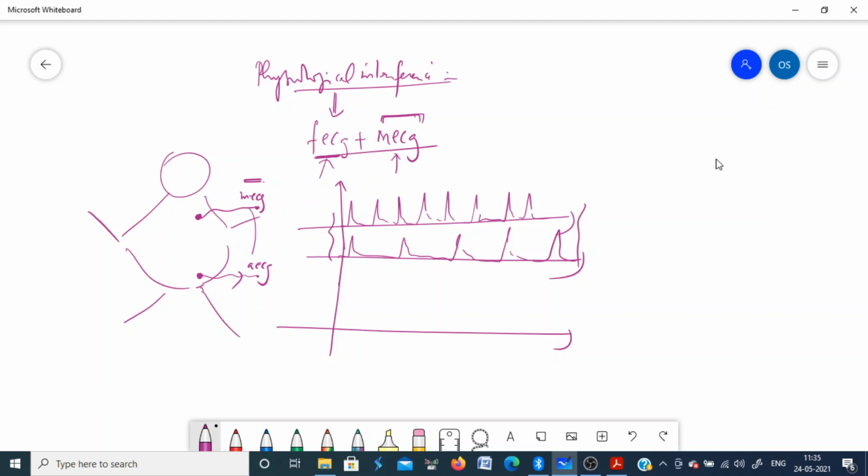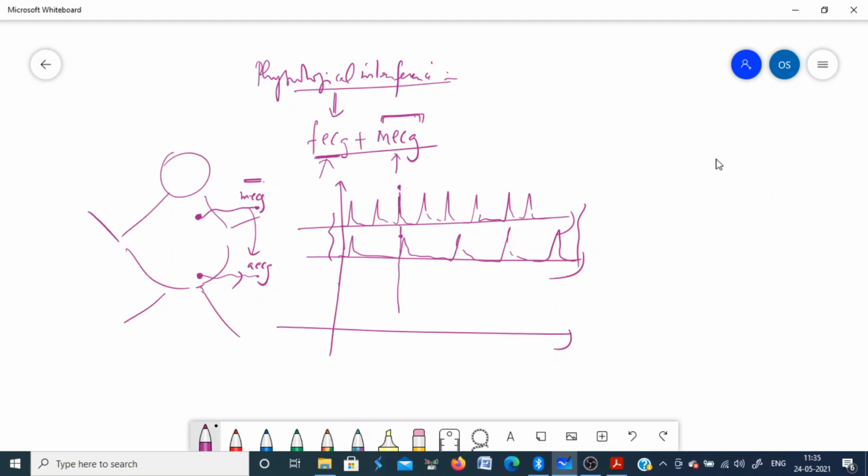So you can subtract this from this to get the fetal ECG signal. But that is not generally the case, because there is an overlap in time. It means the QRS complex or the R peaks of the fetal ECG and the R peaks of the mother's ECG sometimes overlap.